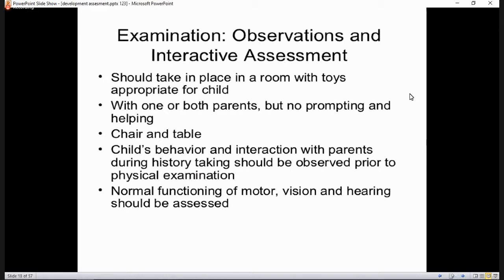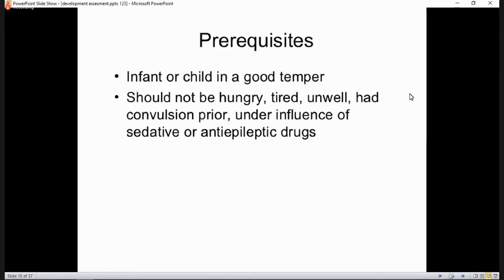Child behavior and interaction with the parents during the history taking should be observed prior to physical examination. Normal functioning of motor, vision, and hearing should be assessed. Actually, before going to this assessment, the child should be in good temper.